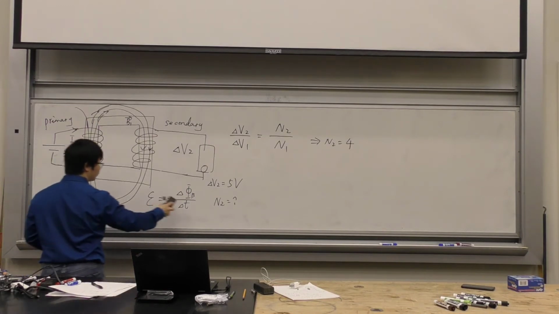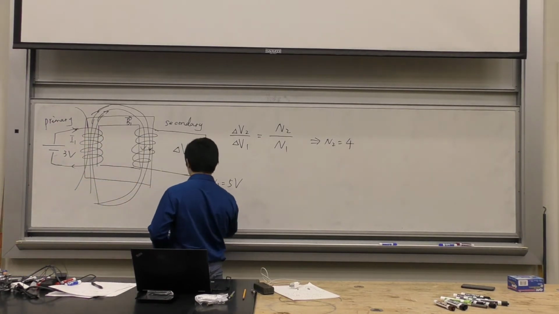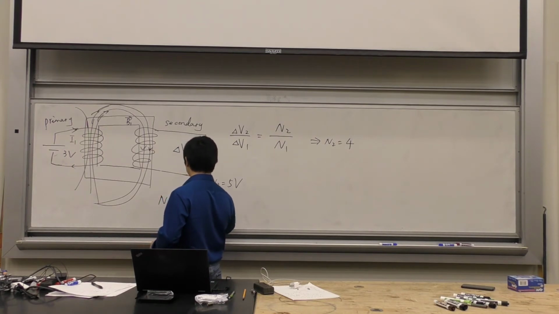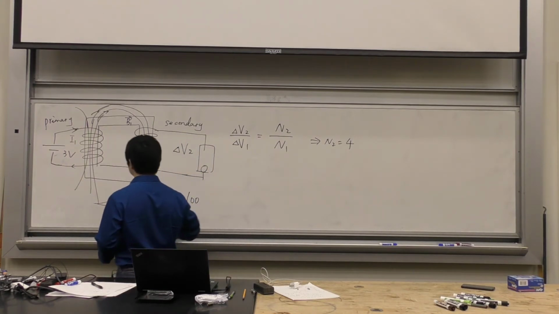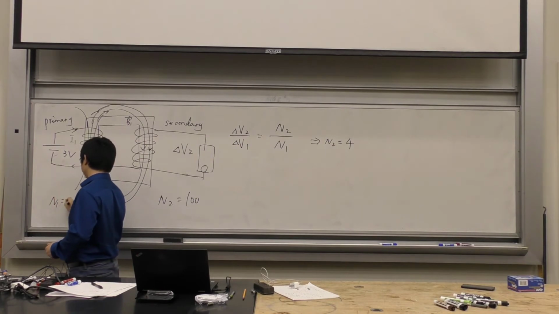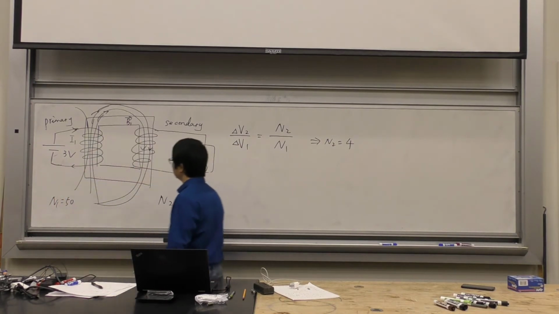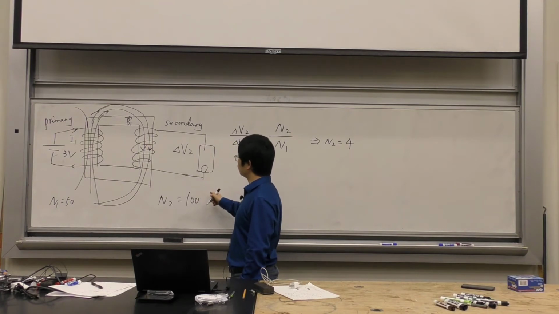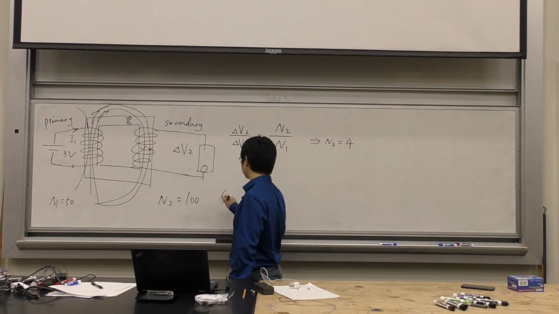And then I have the ratio between N2 and N1 like 2. So N2, say, is like 100, and N1 is 50. Can I change the voltage to the right hand side to be 6 volts? Can you get 6 volts on the right hand side?